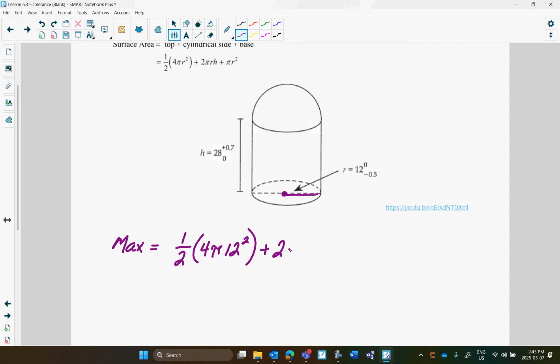Plus 2 times pi times the maximum radius, which is 12, times the maximum height, 28.7. Plus pi times the maximum radius, 12 squared.